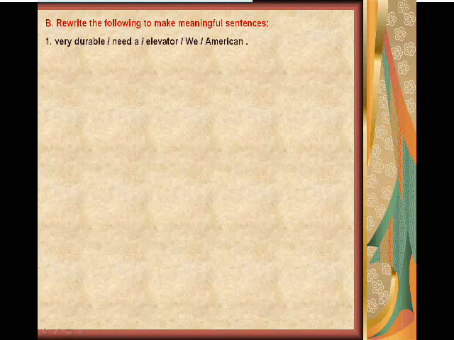Okay, what comes after that? Very good. Very durable. And then you have adjective and of course the noun. So the answer is going to be, we need a very durable American elevator.